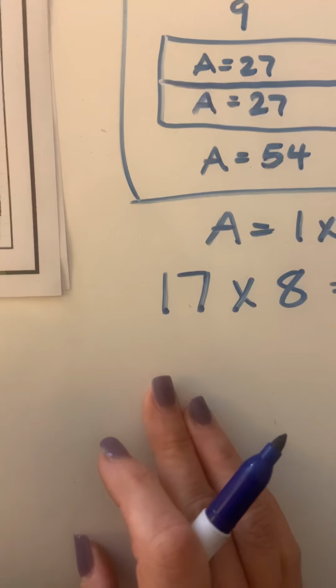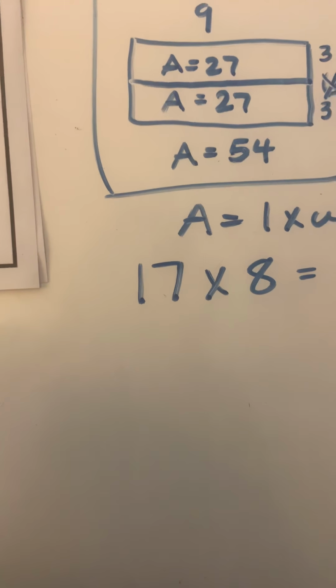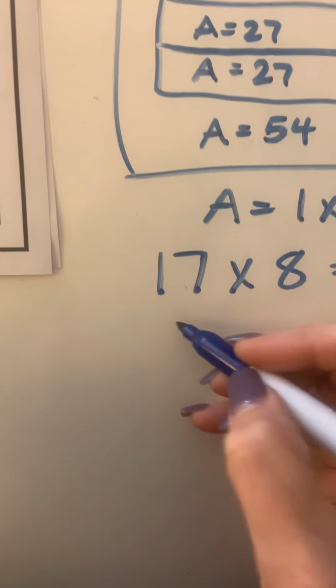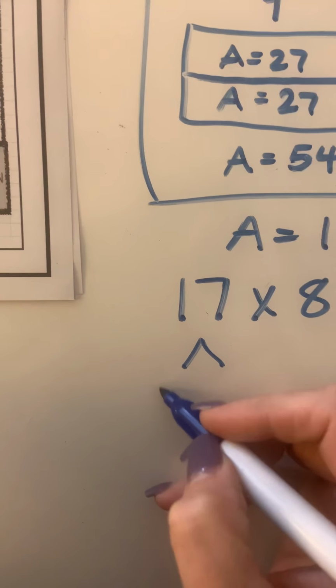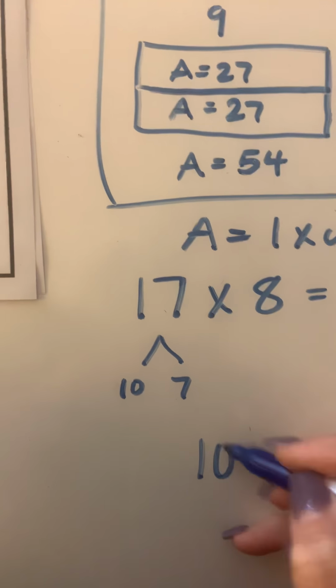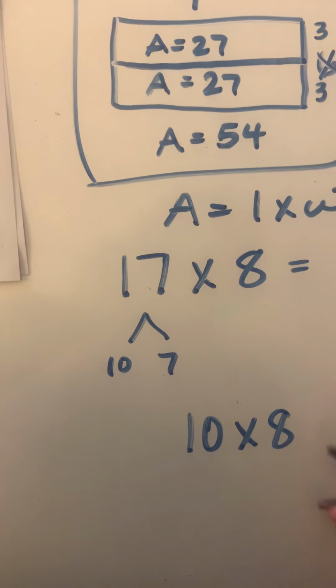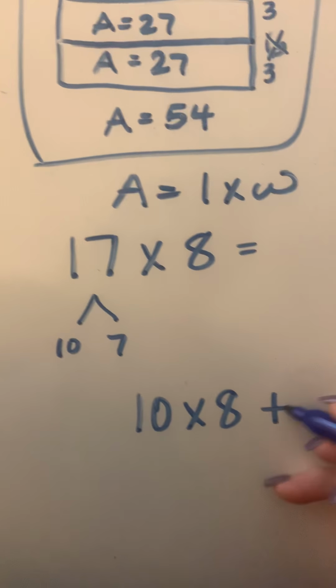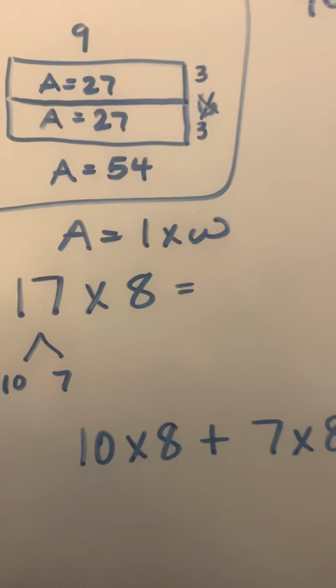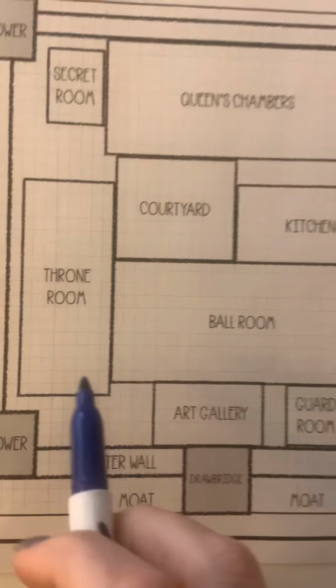And I'll be honest with you, because I'm a make tenner, my first thought was to do a 10 and a 7. So what that would mean is 10 times 8 plus 7 times 8. And let's look at that on here.